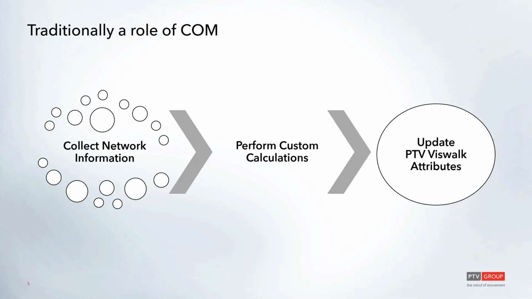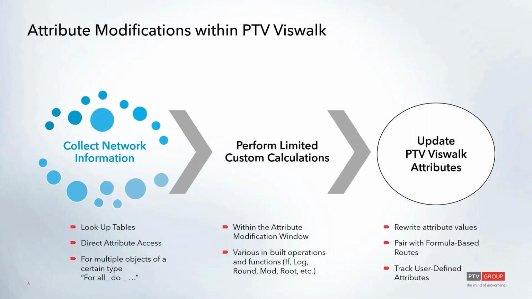People would do things in COM to help with routing, dwell times, or lane closures for security terminals. But now we can use attribute modifications within Viswalk to do some of those calculations.